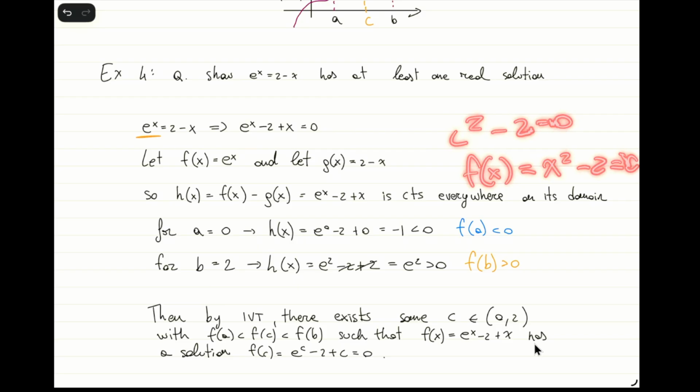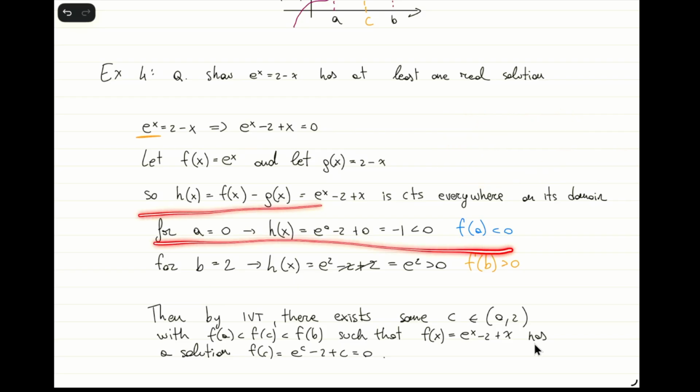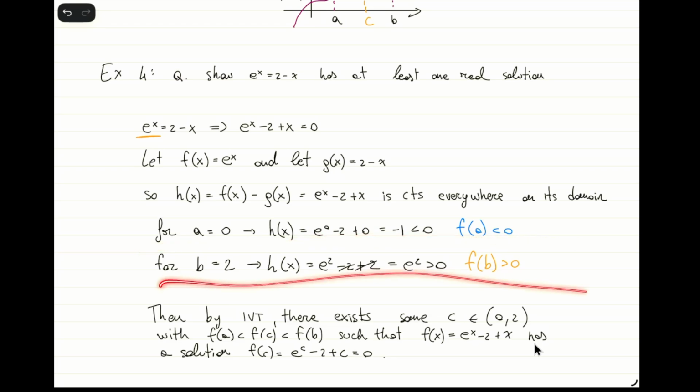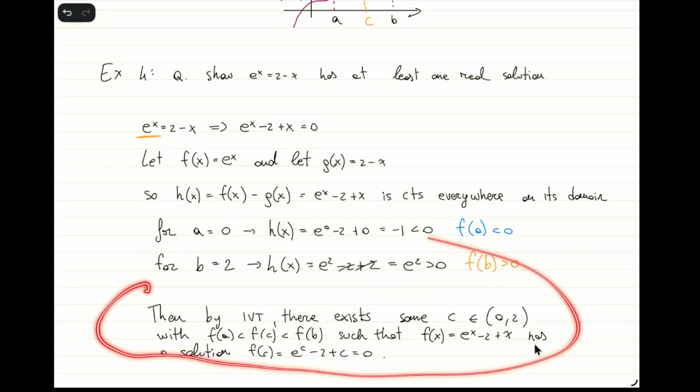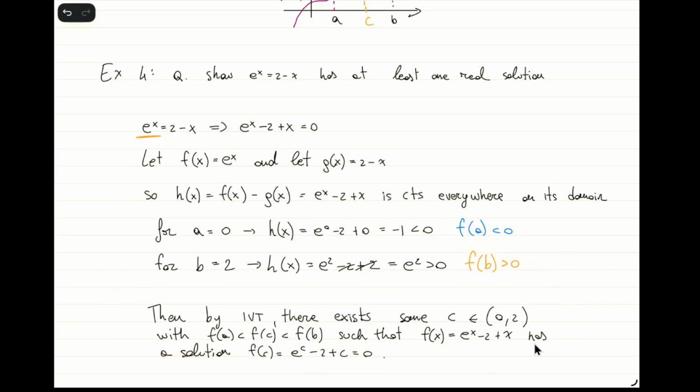And then from there on, you just find a point a that gives f of a smaller than 0, a point b that gives f of b greater than 0, and then you can just conclude that the square root of 2 must exist because we need a solution to c squared minus 2 equals 0.